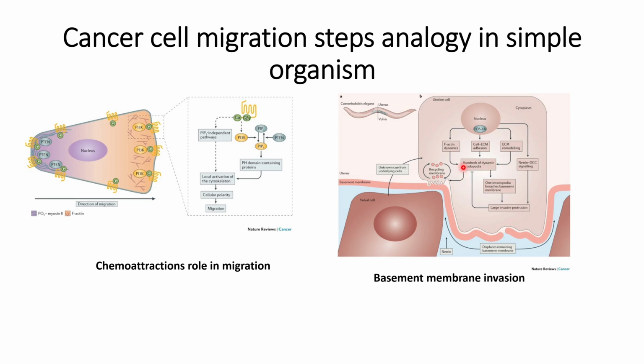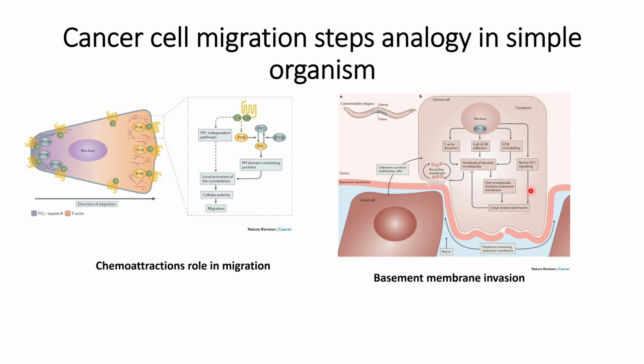Because of this invadopodia, recycling membranes are generated, and the generation of this recycling membrane causes degradation of the basement membrane, and thereby the uterine cells can interact with the vulval cells after degradation of the basement membrane. These things are just the zoomed in view of these simple organisms on the uterus to vulva interactions, shown in part B of this figure.